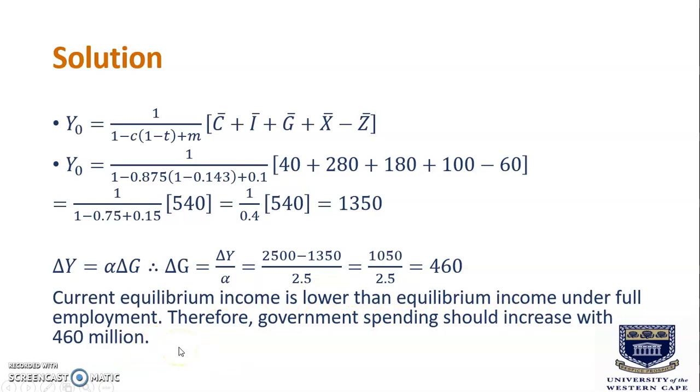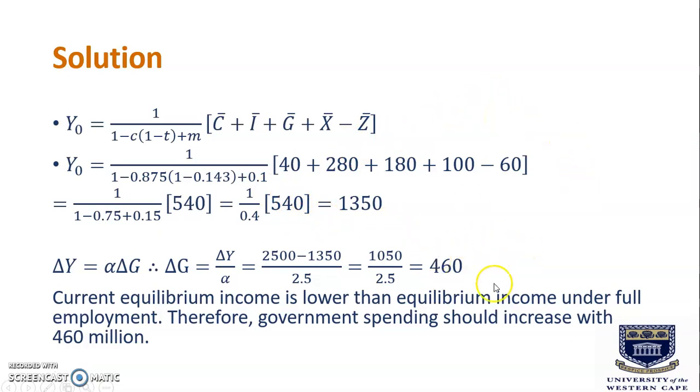Okay, so this is basically how you arrive at the conclusion of what needs to happen. Because Y0 is the current, and then YF is what potentially the output would be if there is full employment.